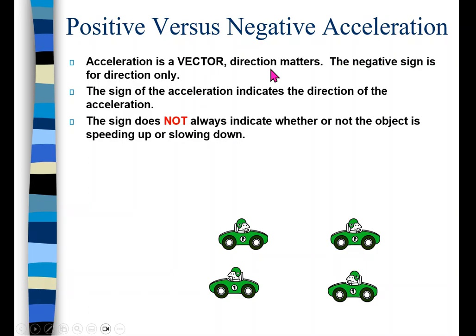So acceleration is a vector. Remember, the big deal with that is direction is of huge importance. There's scalars where we don't care about direction, and then there's vectors where we do care about direction. Both vectors and scalars care about magnitude. Magnitude is a fancy way of saying how much, right? But only vectors care about direction.